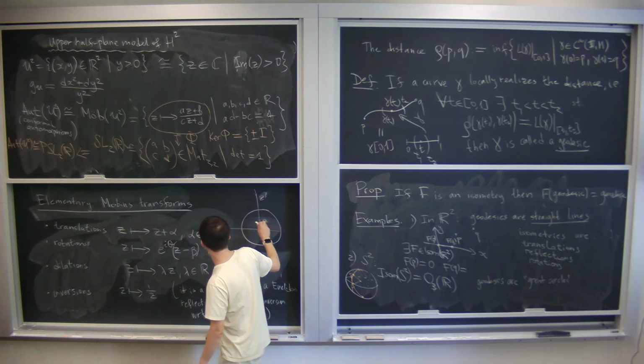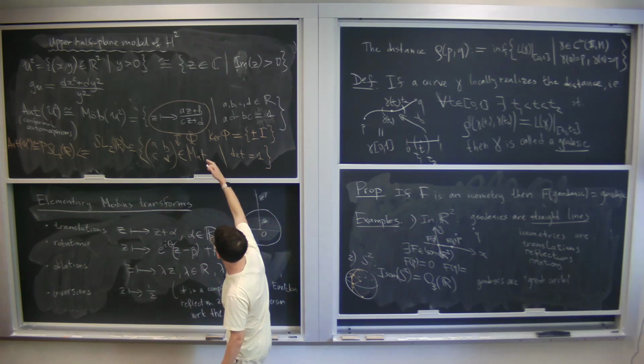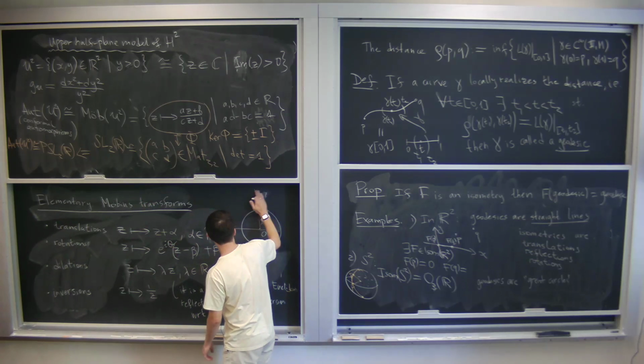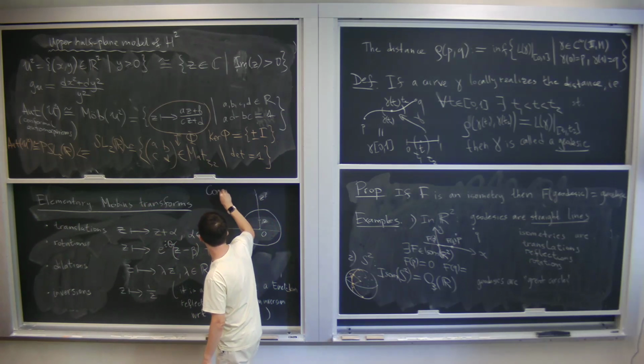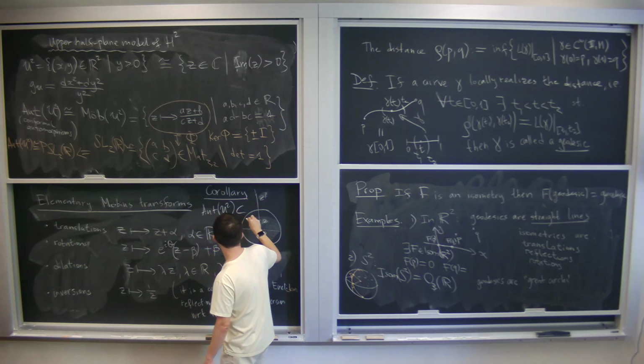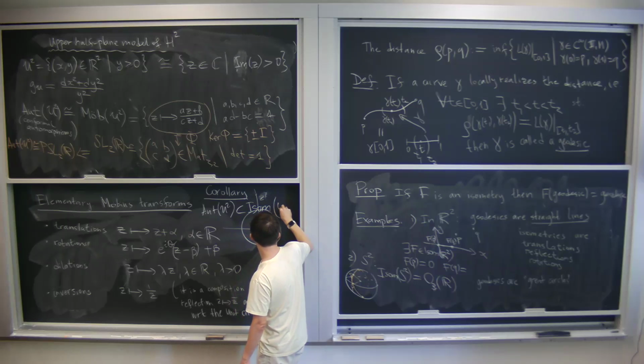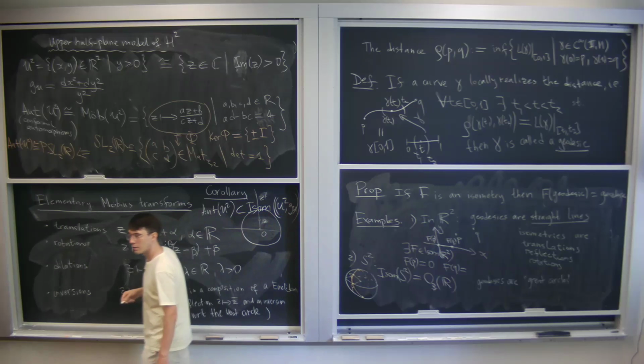So this follows, and the corollary is that the automorphism group of U2 is a subgroup of the isometries of the manifold U2 with this geometric metric GU.